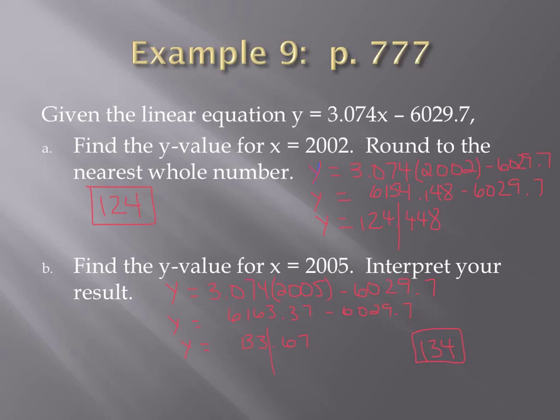We plugged in the years 2002 and 2005. And y represents the number of twin births in thousands. So on B, where it says interpret your results, these results mean that in 2005, there were approximately 134,000 twin births.